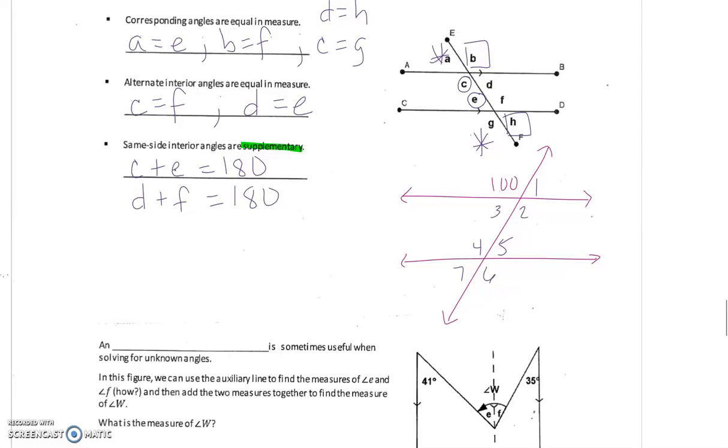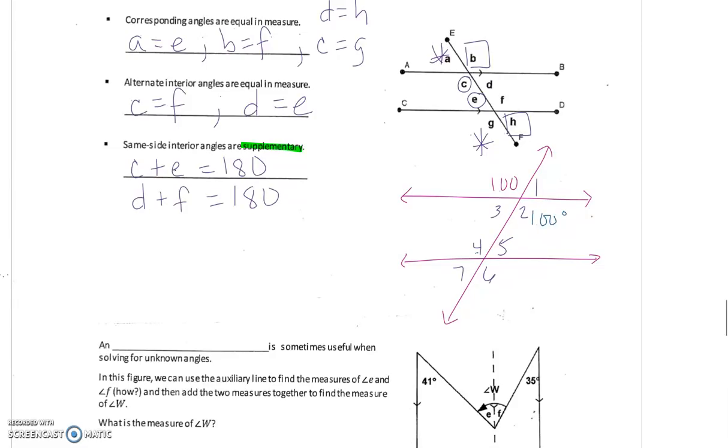So what other angle do you think is going to measure 100? Well, the 100 and angle 2 are vertical, right? What else? Angle 2 and angle 4 are an alternate pair. They measure 100.